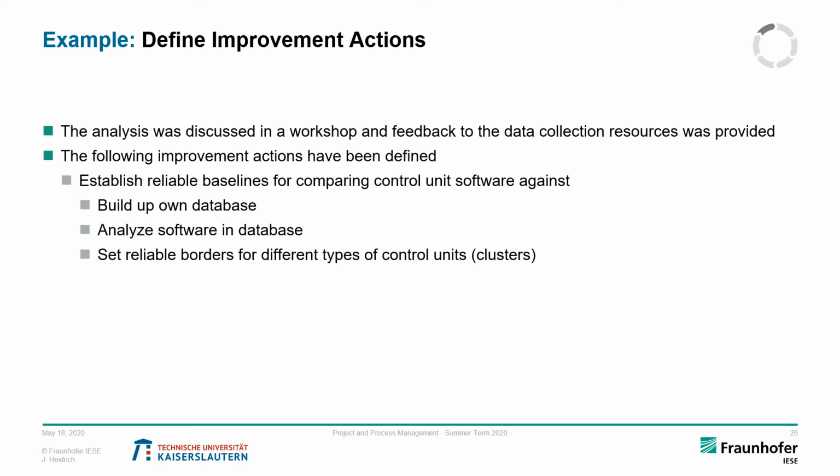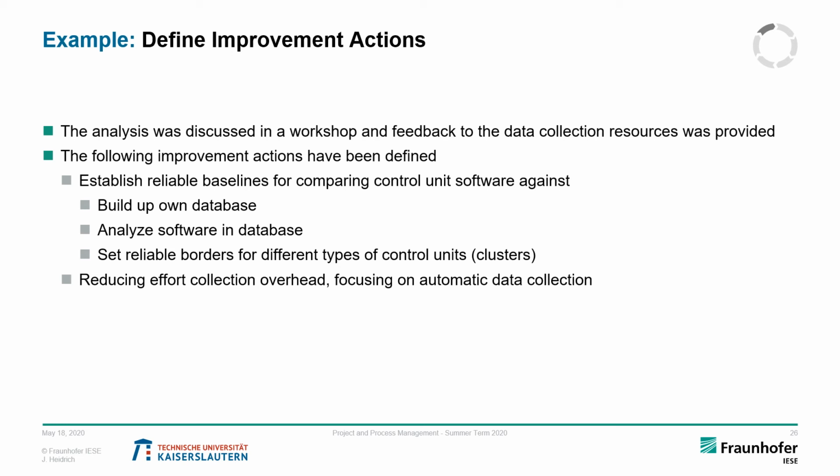If you have a multimedia system in the car, that is of course very hard to compare with the engine control unit software. It's something completely different. And we also need to think about which aspects we really want to compare, and which types of control units with each other, so to have meaningful clusters to compare control units.